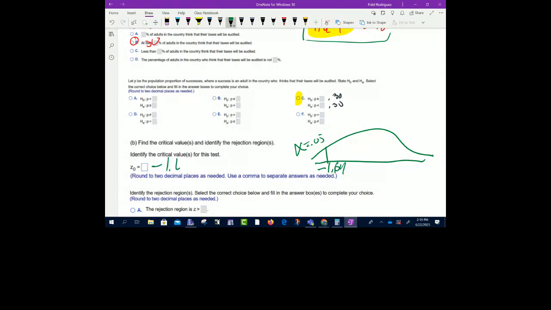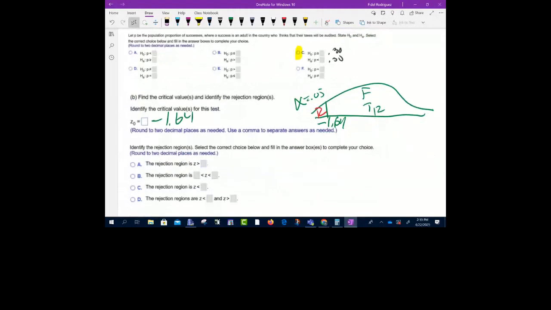So here is my critical value. Remember, y'all, this is the rejection region. This is the fail to reject region, okay? So we're going to reject as long as our value is smaller than negative 1.64, okay?